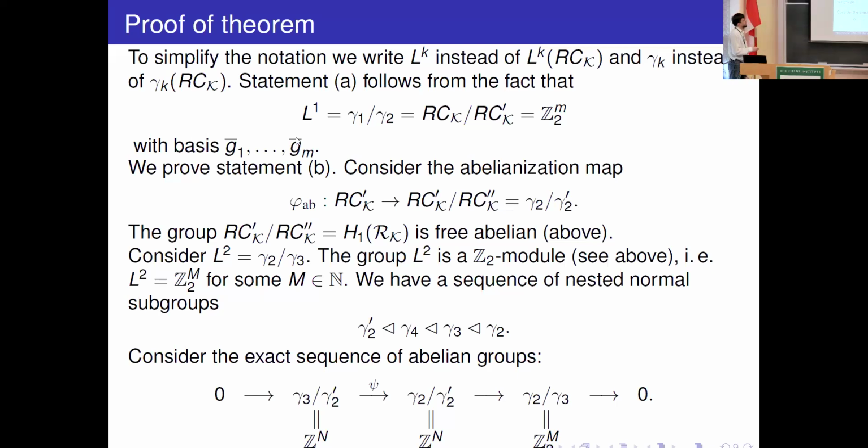We have the abelianization map like this, and this group H1 is free abelian. Consider L2, which is gamma 2 by gamma 3. The group L2 is a Z2 module, and for some m from the natural numbers, we have a sequence of nested normal subgroups like this. Consider the exact sequence of abelian groups like this.